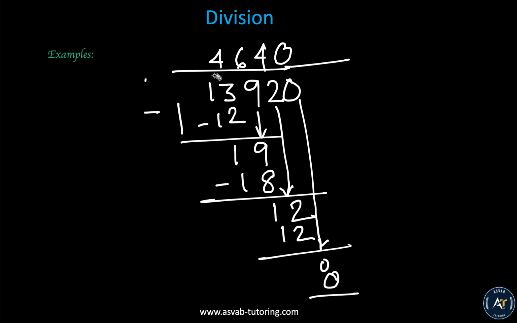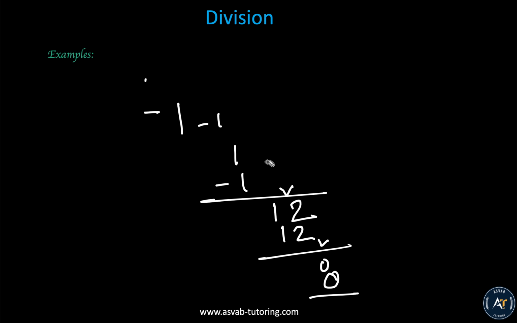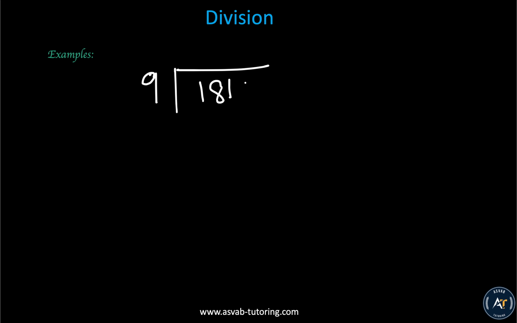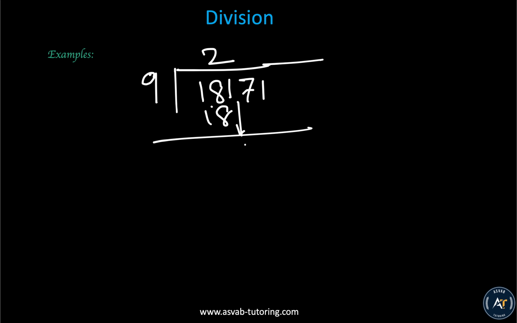So let's do another one. So you have a 9 here, 9 with 1871, right? How many times does 9 go into 18? 2 times. 9 times 2 is 18, right? Bring this 1 down. You can bring one digit at a time. Keep that in mind, one digit at a time.